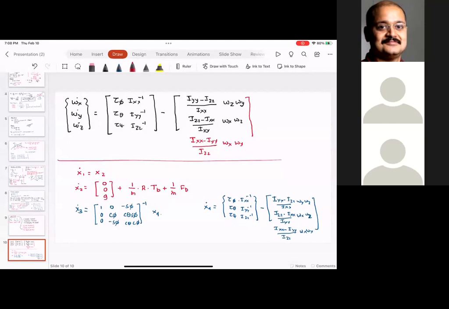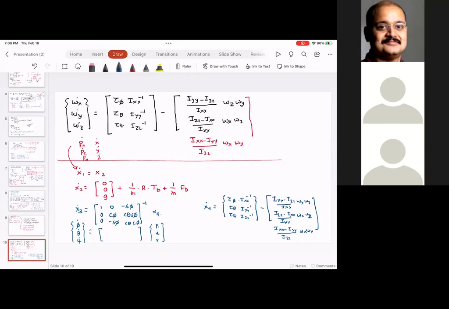So basically this x is pn dot, pe dot, pd dot, or x dot, y dot, z dot. X2 is the accelerations, x3 is nothing but phi dot, theta dot, psi dot, and x4 is nothing but p, q, r, the body rates, and then omega x, omega y, omega z.